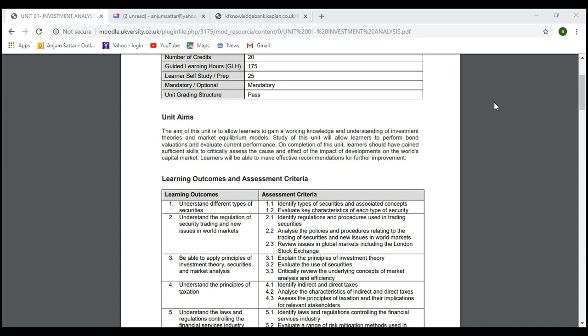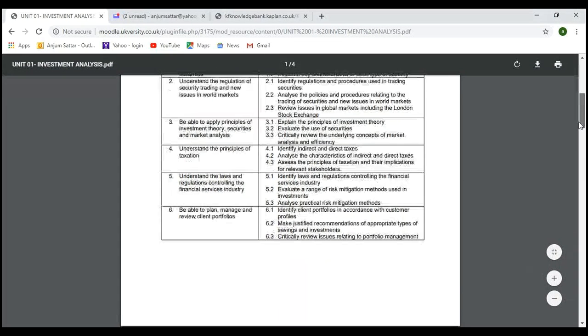So we'll go through today what we're supposed to do. LO2, which is understanding the regulations of security trading and new issues in world markets. We'll identify regulation and procedure used in trading securities, analyze the policies and procedure relating to trading of securities and new issues in the world market, and review issues in global market, including the London Stock Exchange.